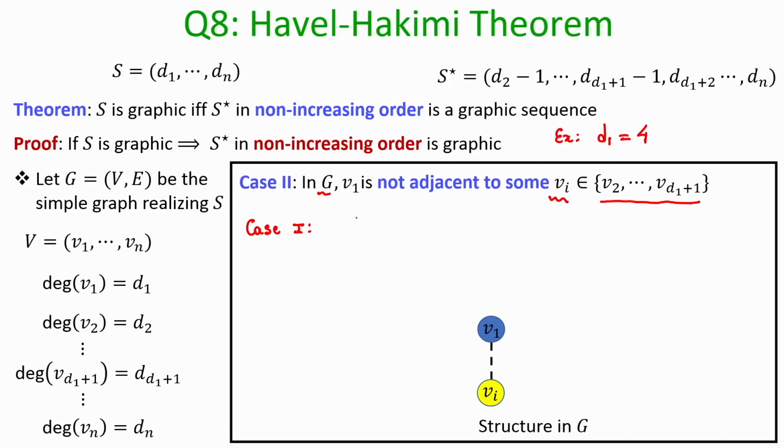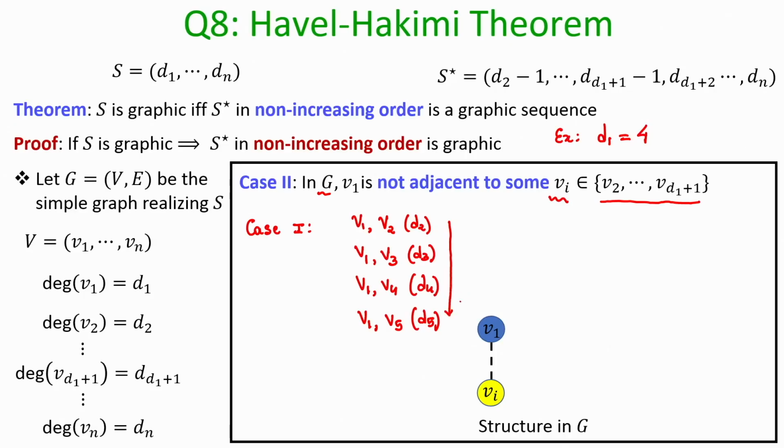So, those 4 edges were between V 1 and V 2, where the degree of V 2 was D 2. It was between V 1 and V 3, where the degree of V 3 was D 3. It was between V 1 and V 4, where the degree of V 4 is D 4, and between V 1 and V 5, where the degree of V 5 is D 5, and of course, the degrees are now in non increasing order.